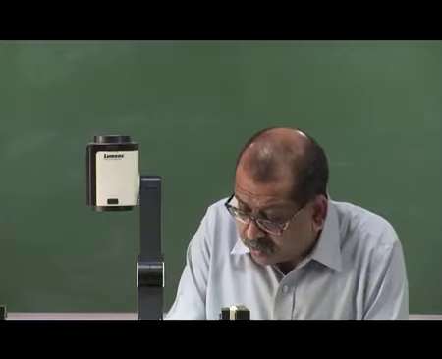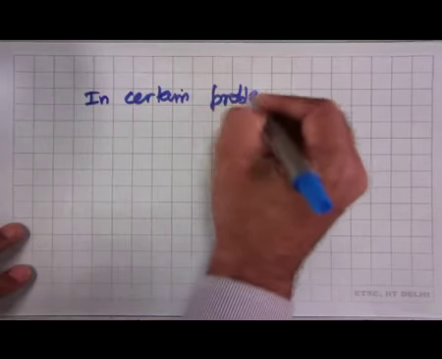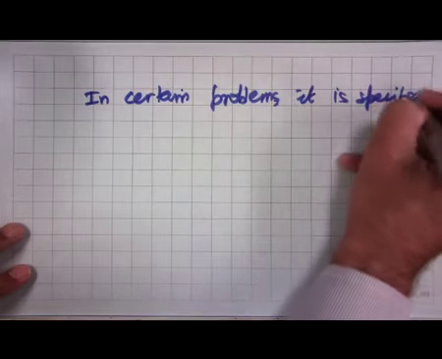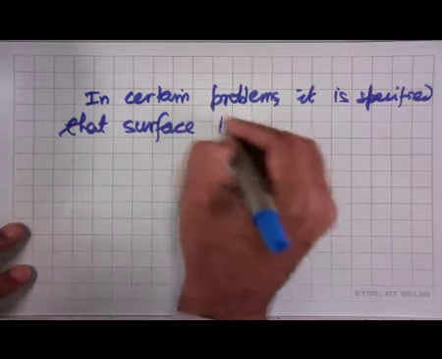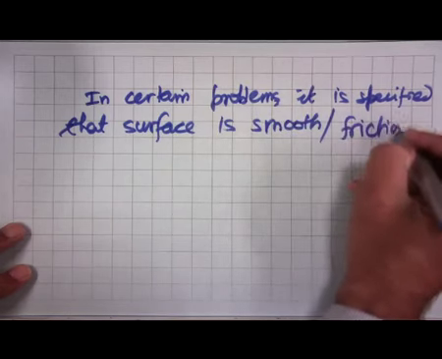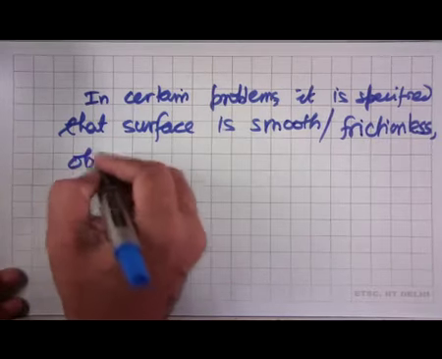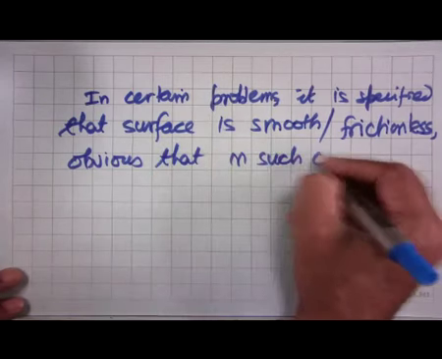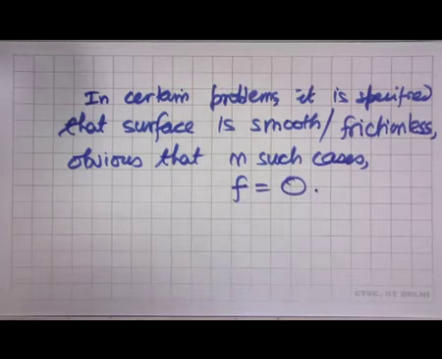So, this is how one tackles the problems of friction, where motion is not known a priori. Now, in certain problems, it is specified that the surface is smooth or frictionless. If that is so, then it is very obvious that in such cases friction force will be taken to be 0.